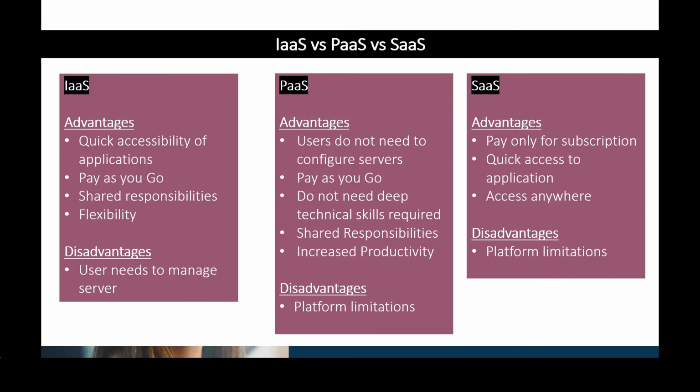And since it's online and it's already a cloud, no limitations at the network level, we can access it anywhere. So basically these are the advantages and disadvantages for each and every model. Being an end consumer, based on my requirement, I can choose any one of them, or maybe I can choose all of them for different perspectives.